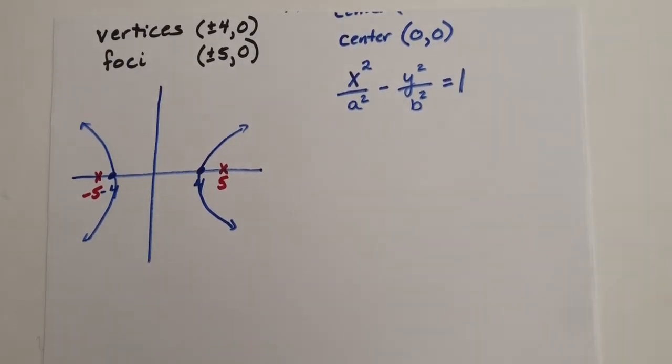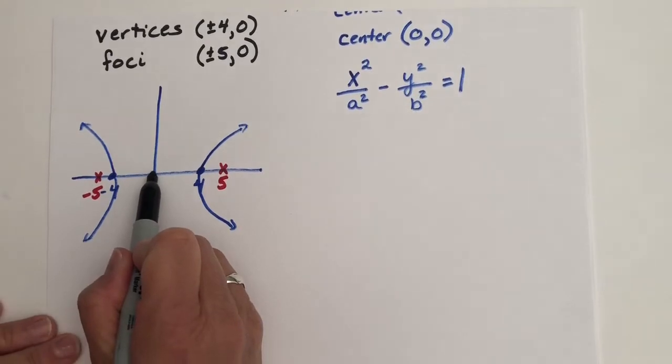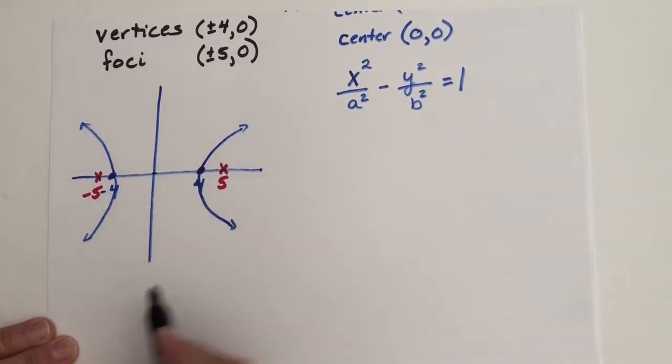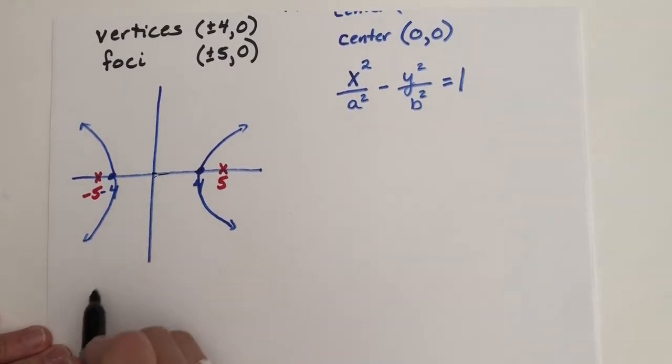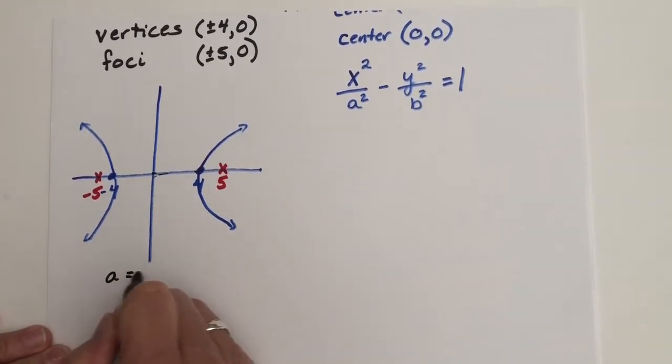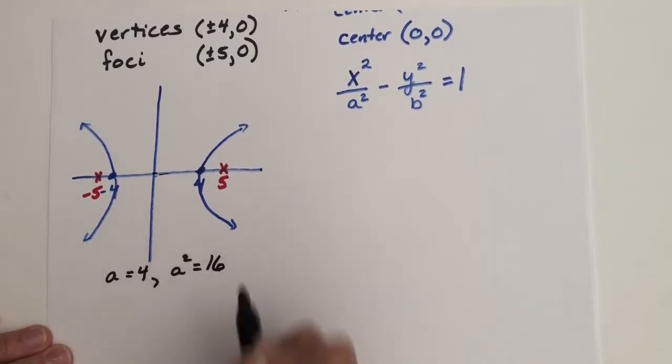Now let's look at our picture. We know that the distance from the center to the vertex is always a. So for this problem, a is equal to 4, and that means a squared is equal to 16.